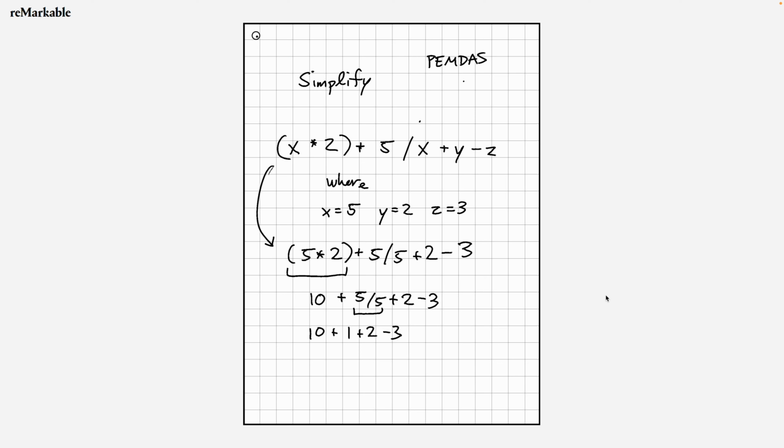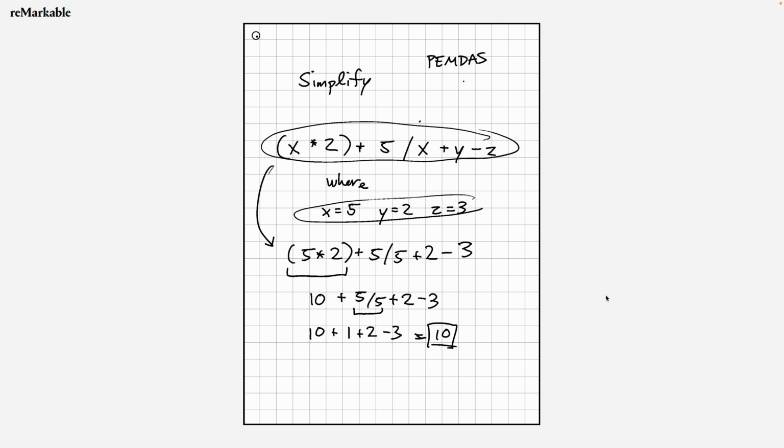So 10 plus 1 plus 2 is 13, minus 3 equals 10. Good. So we just took an expression, we had some variables, and we simplified the expression. This is the most complicated math we'll have to do all year, is simplifying little expressions like this.